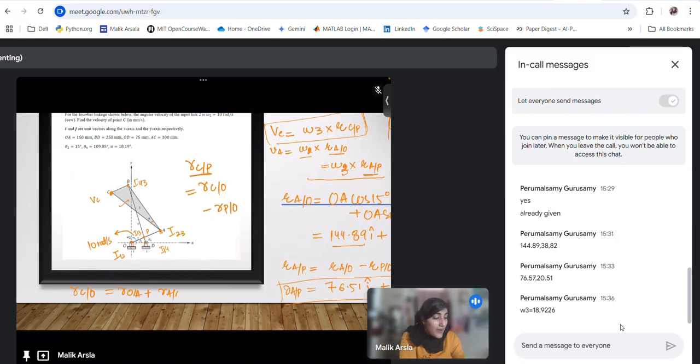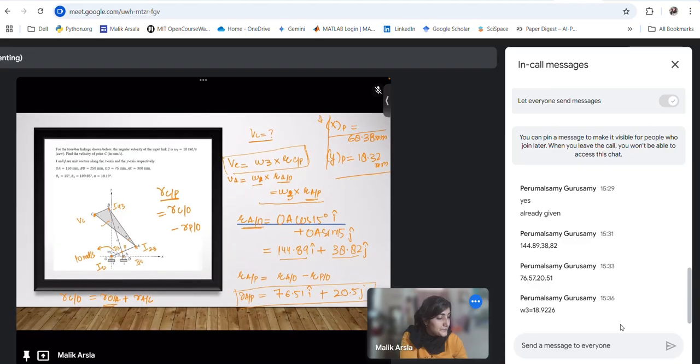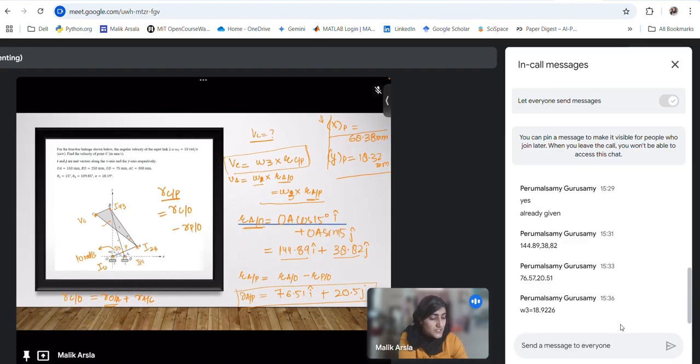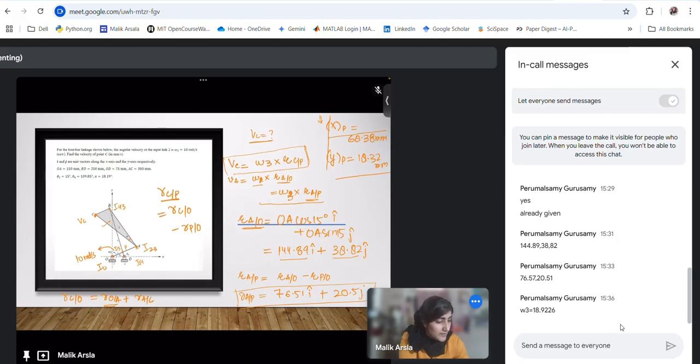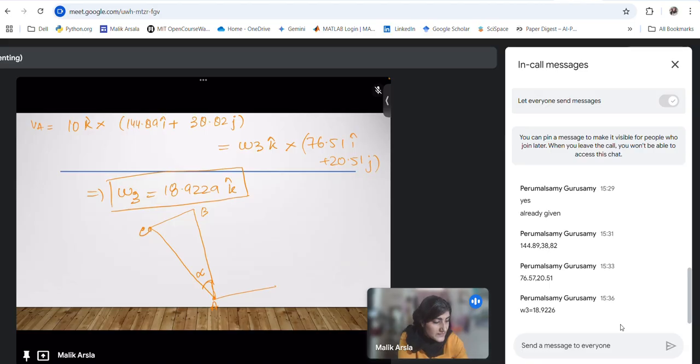Now ROA is already figured out by us. We need to find out RAC. So in order to find RAC, we will use this triangle. Now how do we do that? RAC is basically this.